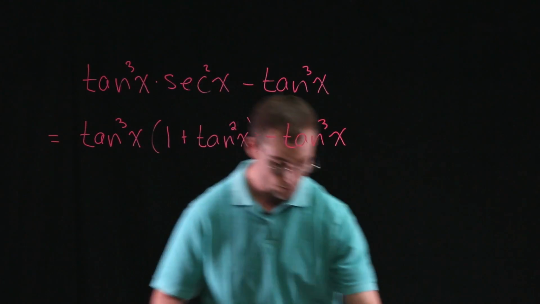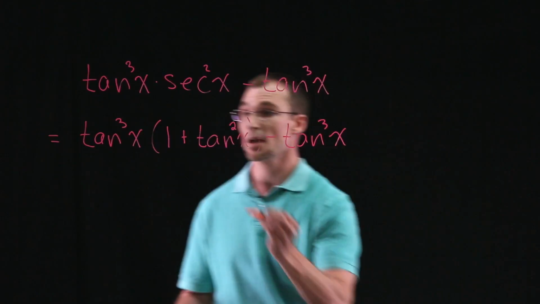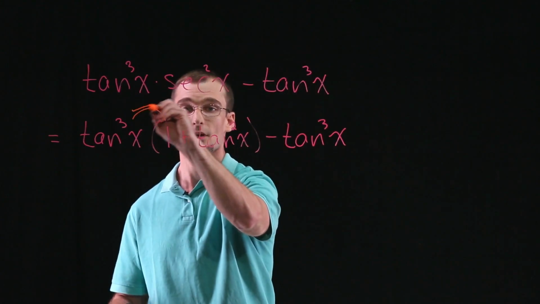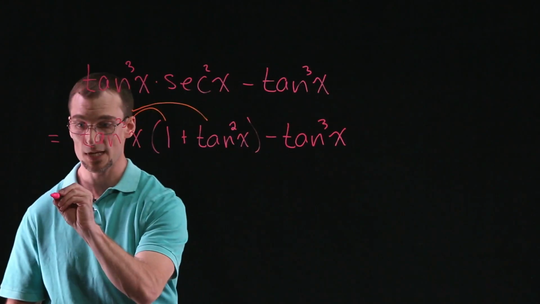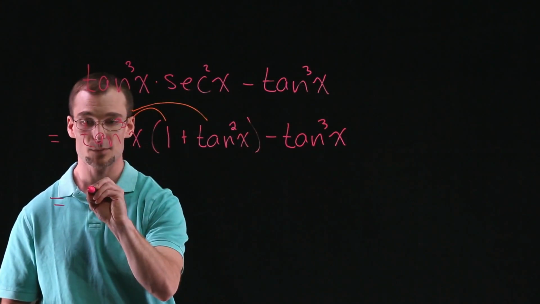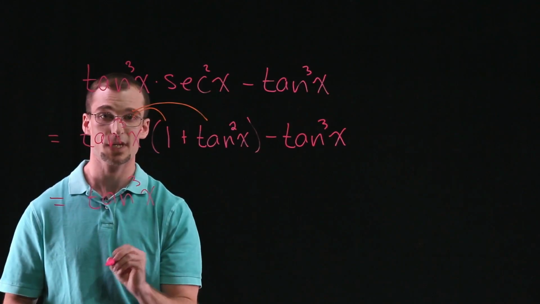minus tangent cubed x. From here, it's just a little bit of algebraic simplification. If we distribute through with our tangent cubed, tangent cubed times 1 is tangent cubed x.